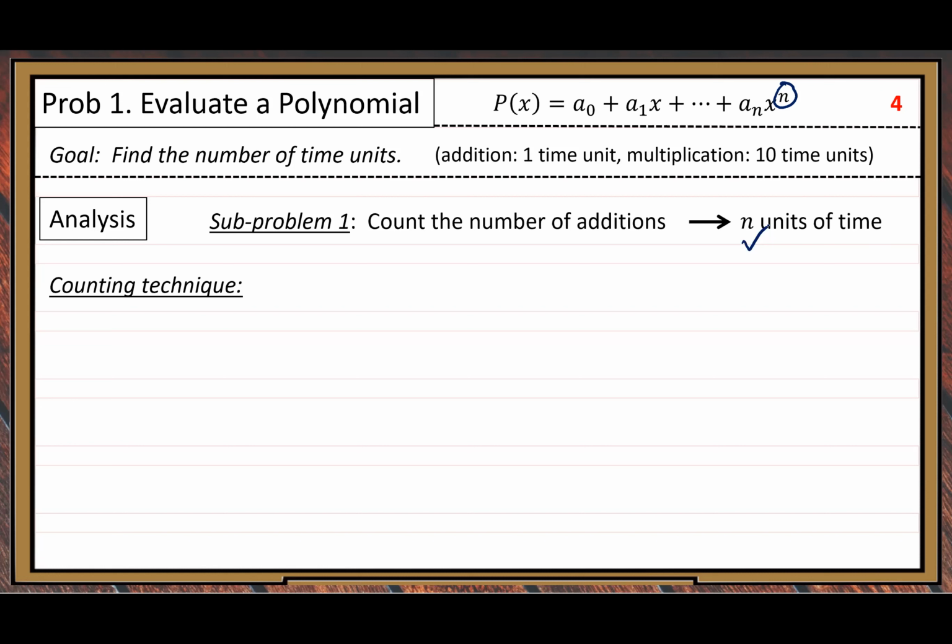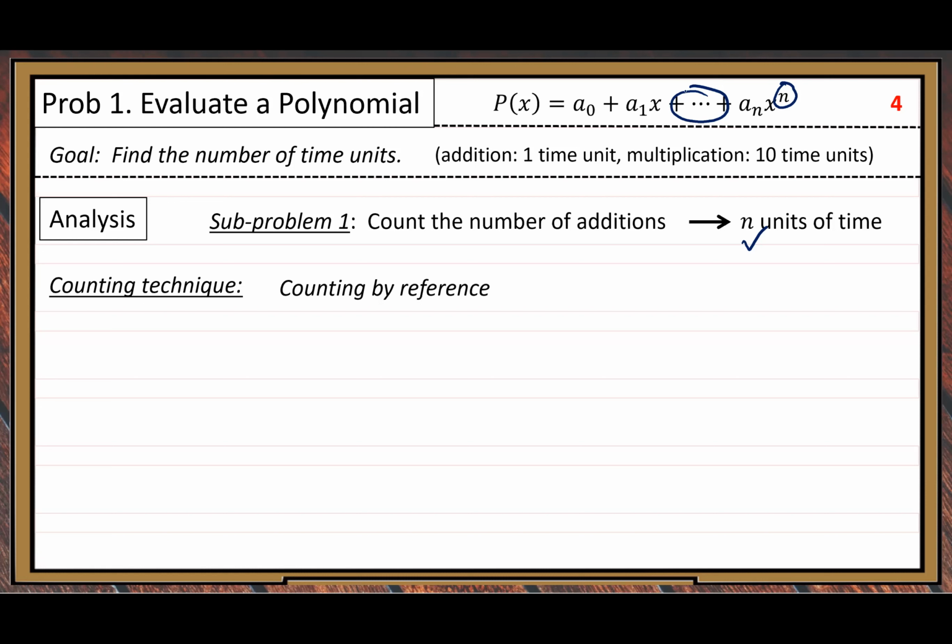The counting technique I would like to introduce here is a very simple one. It is called counting by reference. If I ask you to count the number of additions directly, it may not be easy, because for many terms we use the representation with dots. We skip many terms in the middle, and these dots make it hard to keep track of the number of terms.